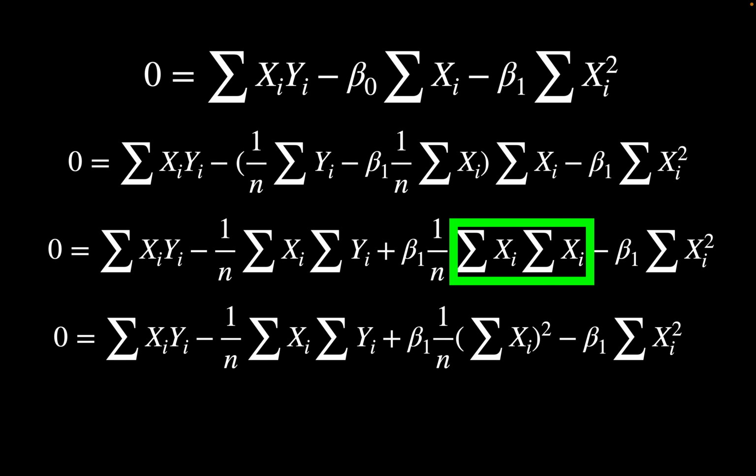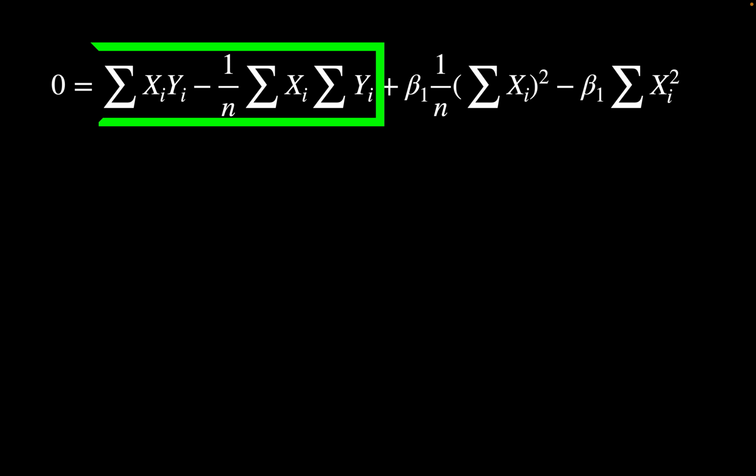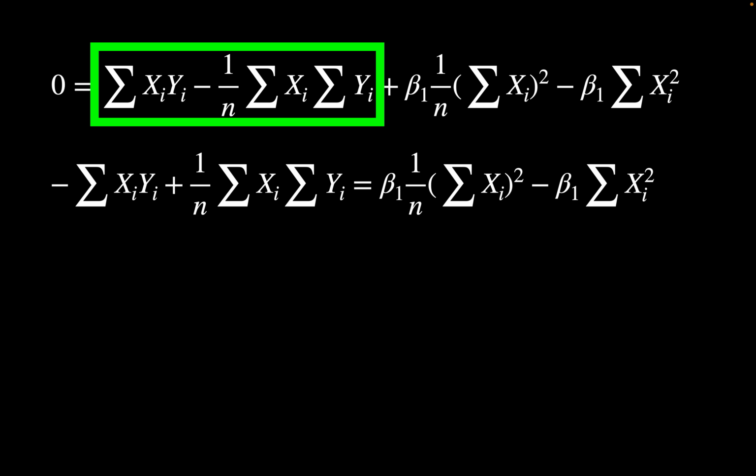So what we've done here is we had the sum of xi multiplied by the sum of xi, which gives us the sum of xi squared on the next line. Now we can move this section over to our left-hand side. We can factor out these beta 1s.